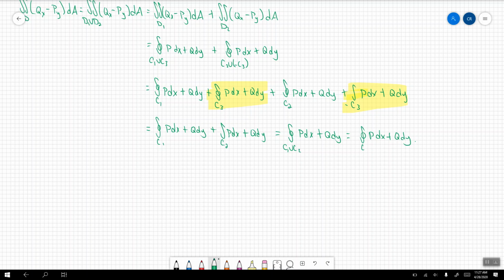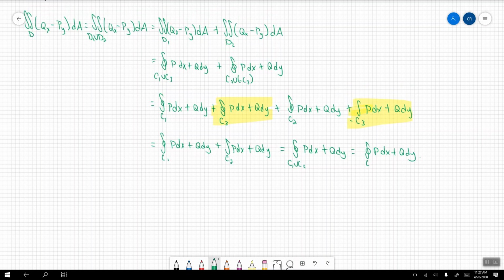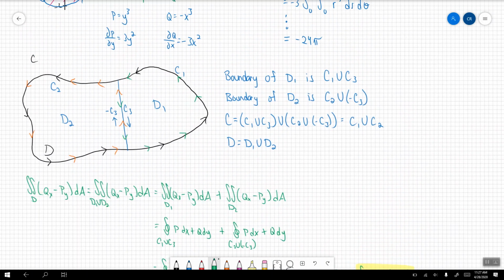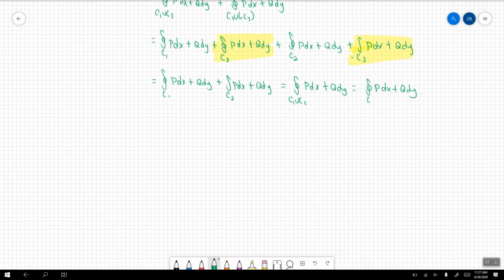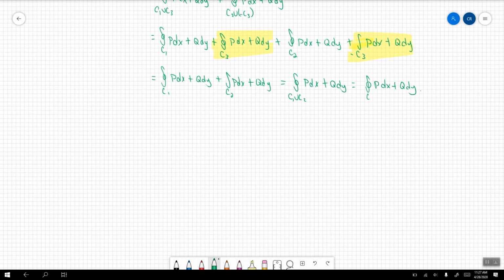Now, what if some of these regions, look at your regions D1 and D2, what if we had a hole in one of those regions? Well, that adds a wrinkle to our story.